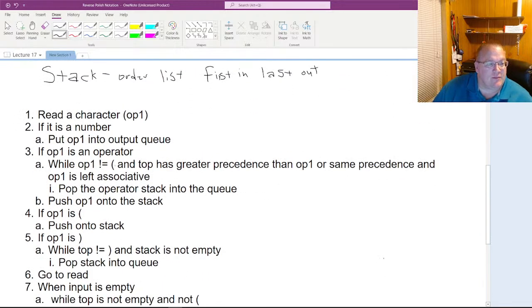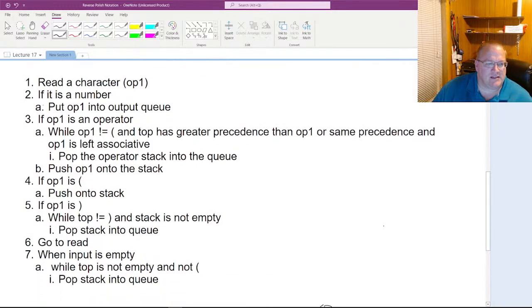Op1 is a left parenthesis. Oh, that means that we don't go into this here. Or op1 is the same precedence as top? They're not. So we're going to push it right onto the stack, because a parenthesis isn't associative at all; it's just giving us a grouping.